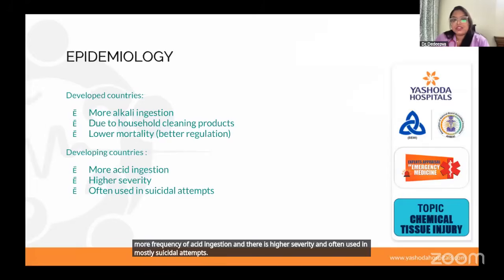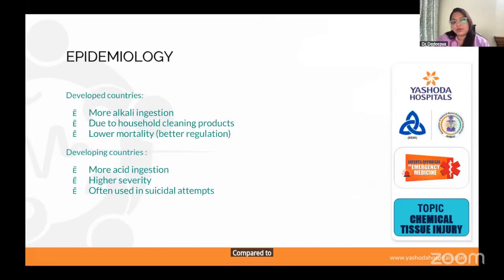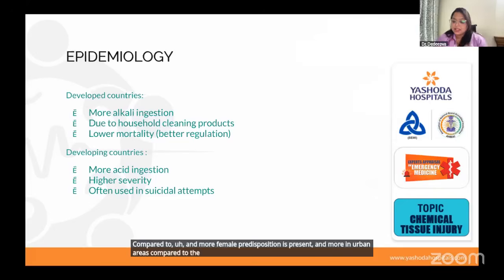Coming to age, the mean age is 26 years, like 20 to 34 years of age, and there is more female predisposition and more cases in urban areas compared to rural areas. The mode of availability is mostly through home, and the more commonly consumed product is acid compared to alkali. And often there is a predisposing psychiatric illness for most of the patients.